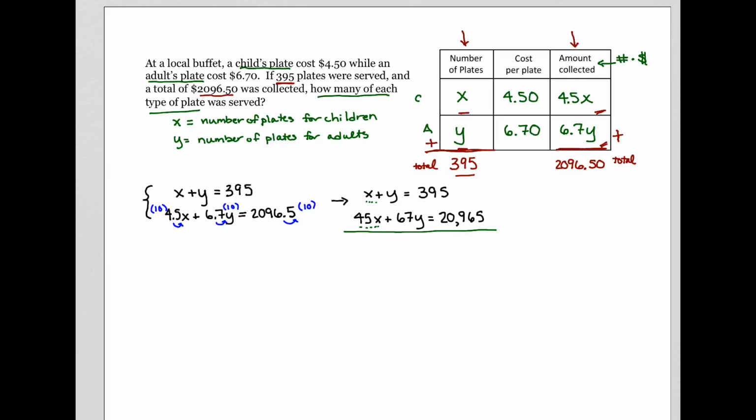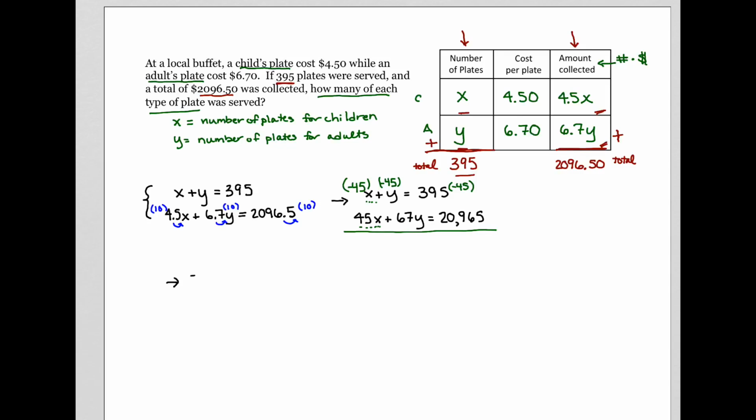And to eliminate my x's, I must multiply my first equation by negative 45, so that when I add down, the negative 45x will cancel with the positive 45x. But if I do it to that first term, I have to do it to every term in my equation. Doing so, that creates yet one more system. So let's write down that system that we get.